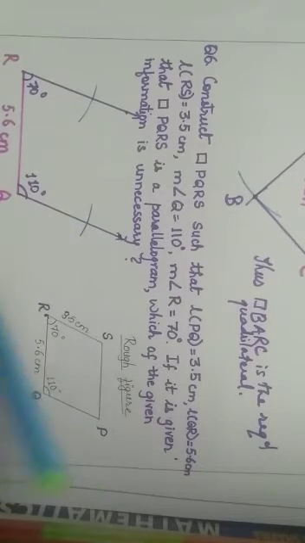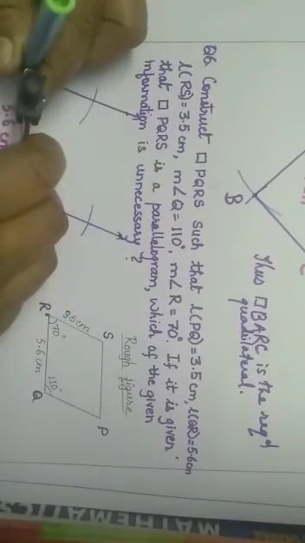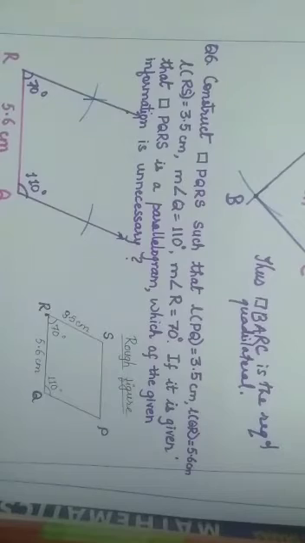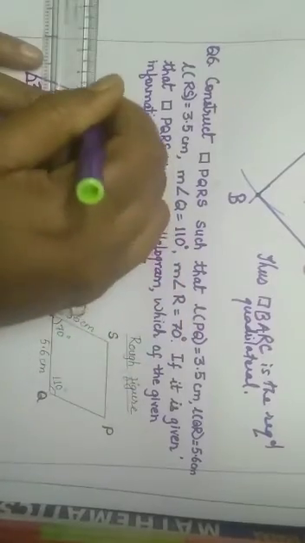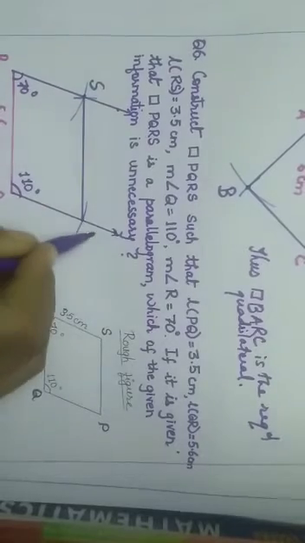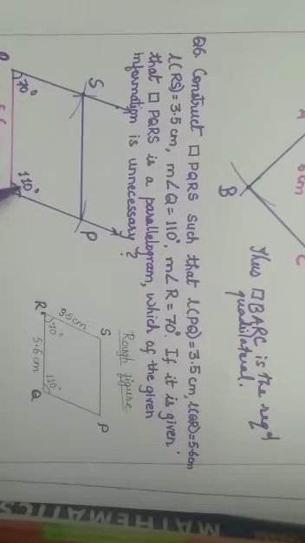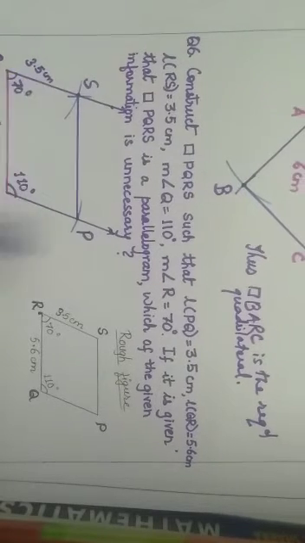And now as this RQ is 5.6, we will take the same measurement RQ as 5.6 from this arc towards the second arc. In this way we have joined. Now join the earlier arc towards this point of intersection. Now this point is S and this point is P. So P, Q, R and S. This is your parallelogram.